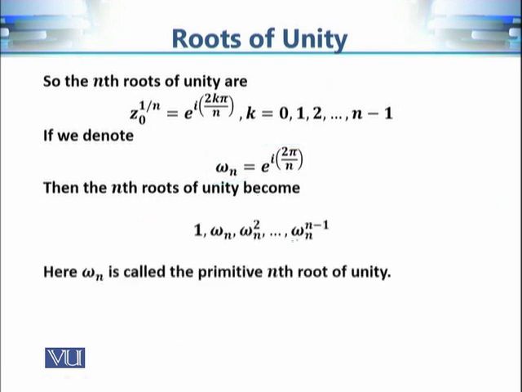So in short, if I have this omega n, then the roots of unity are given by 1, omega n, omega n squared, and so on, up to omega n raised to power n minus 1. Now this omega n, due to which we are able to calculate all of the roots of unity, is called the primitive nth root of unity.